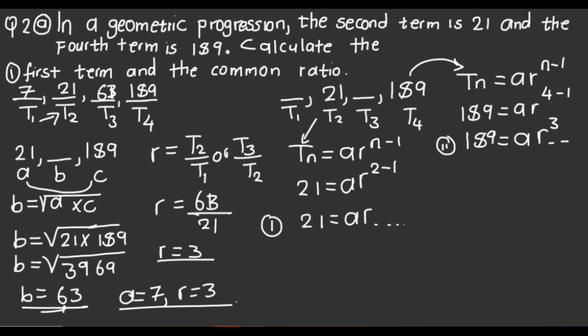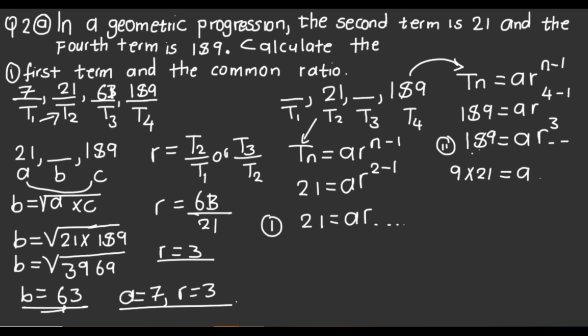Now we need to see if we can break 189 into two numbers, so that we can have the common 21. For us to do this, we are going to divide 189 by 21. We have this 21 from the other equation, and it is equal to 9. So 189 is the same as 9 times 21.